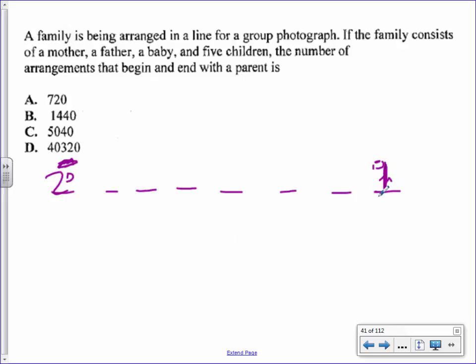Okay. And then now we have to intersperse the kids. So you've got 5 kids plus a baby, so 6 people total. Any restrictions on them? All right, so then 6 times 5 times 4 times 3 times 2 times 1. Okay, so this is an example where we actually do have to times all these numbers together, because apparently that's the way they phrase the answer.